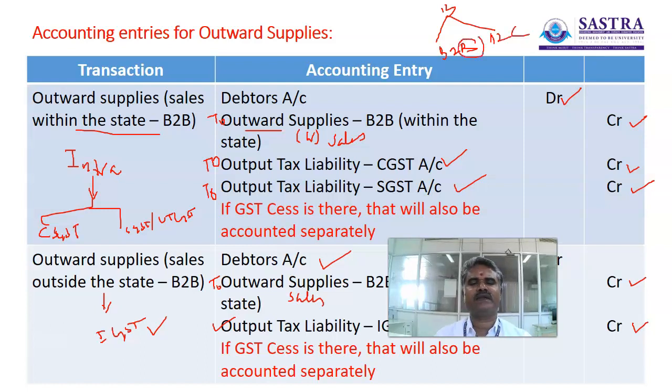Here the business will buy goods from you. Even though you supply goods to one business, it is also sales. Or even though you supply goods to a customer, it is also sales. In both cases, sales is common. So in both the cases, we have to credit sales.